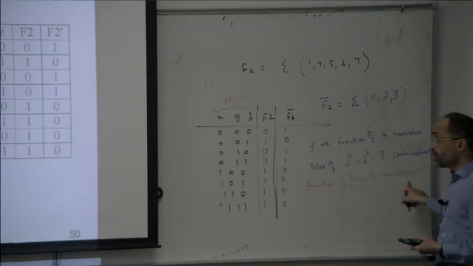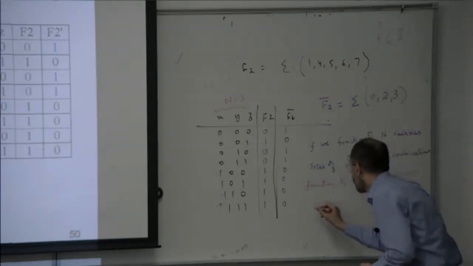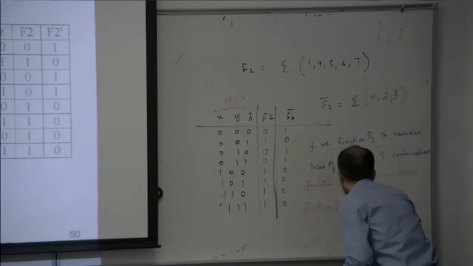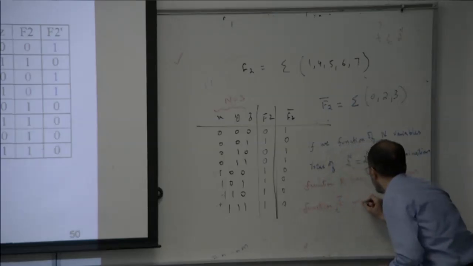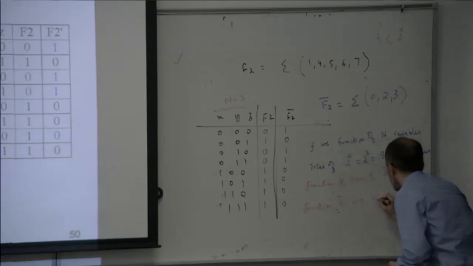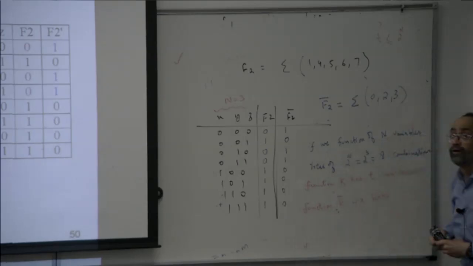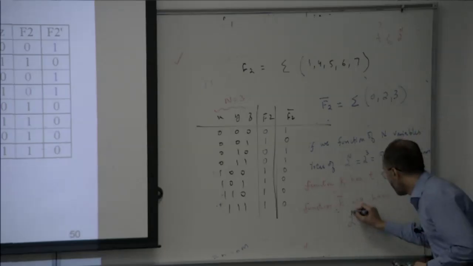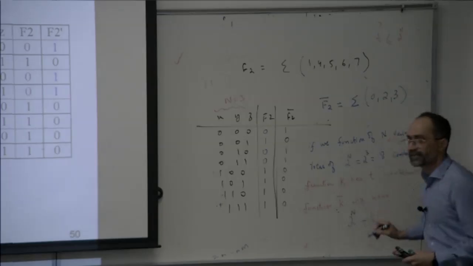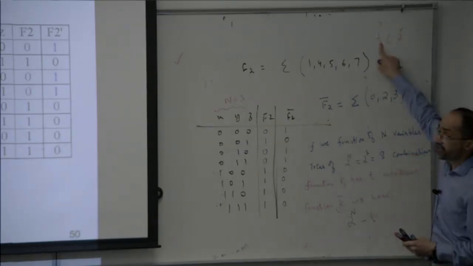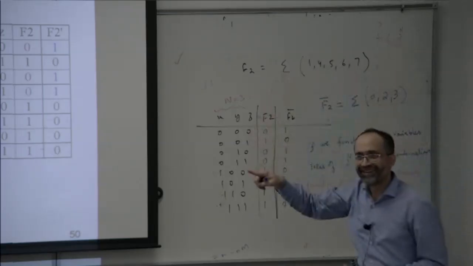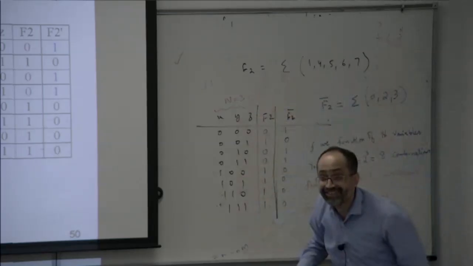So if a function has t min terms, the function k bar will have how many min terms? Very good. 2 to the power n minus t. And this t should be smaller than or equal to 2 to the power n, when all of them are ones.